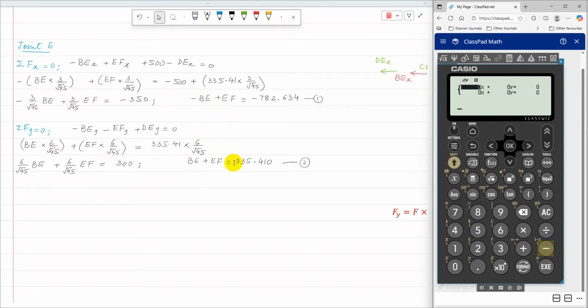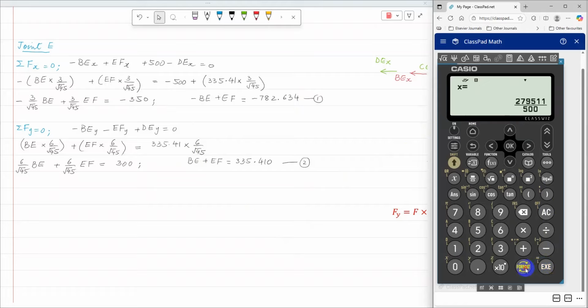So BE is minus 1, EF in the first is plus 1, and equal to minus 782.634. In the other equation, BE is plus 1, EF is plus 1, and equal to 335.410. If I press equal, all the equations are input in the calculator. Then I'll execute it.